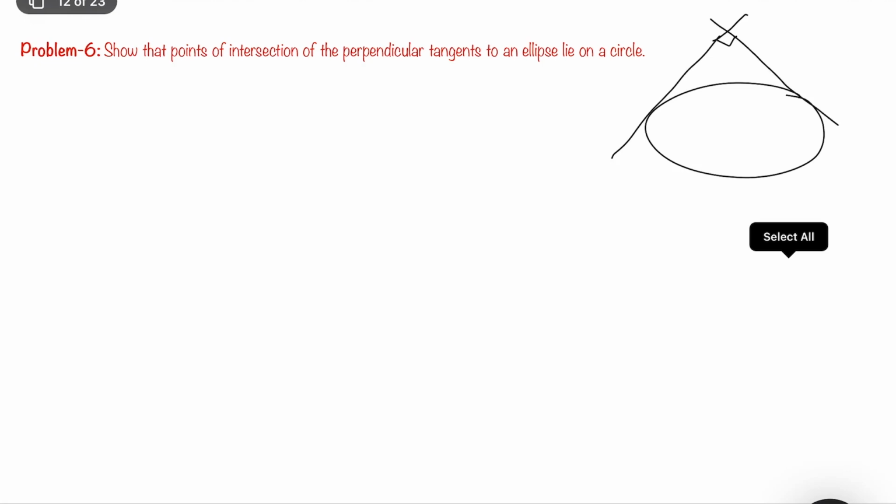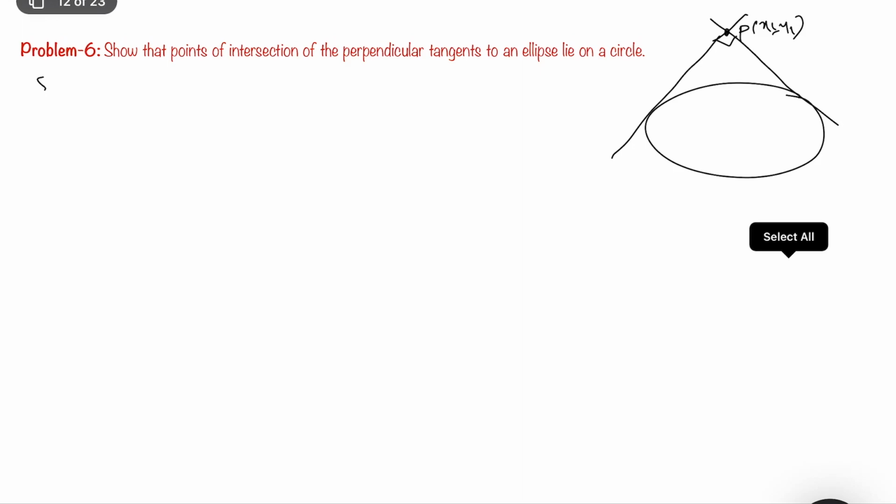So the point of intersection, let us say P(x1, y1), always lies on a circle. That means we have to show the locus of point P, which is the intersection point of two perpendicular tangents to this ellipse, is a circle. Okay, fine.